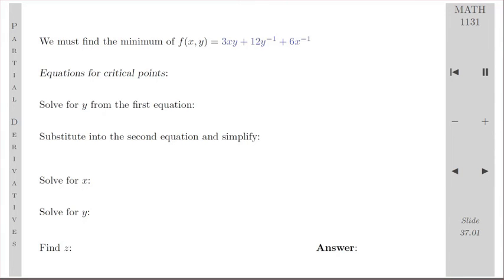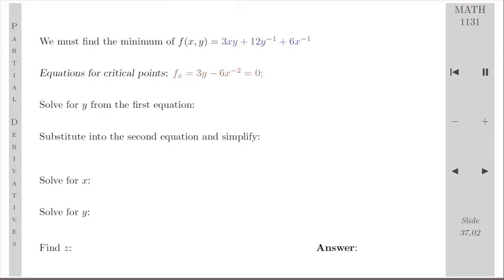The partial derivative with respect to x from the first term will be 3 times 1 times y, that's 3y. There is no x in the second term, so the partial derivative is 0. In the third term, I have 6x to the negative 1. The derivative with respect to x will be 6 times negative 1 times x to the negative 2, or negative 6x to the negative 2.